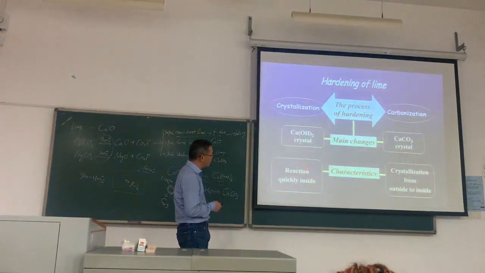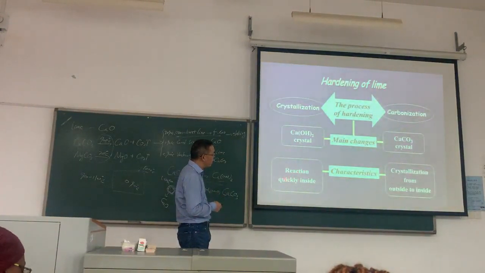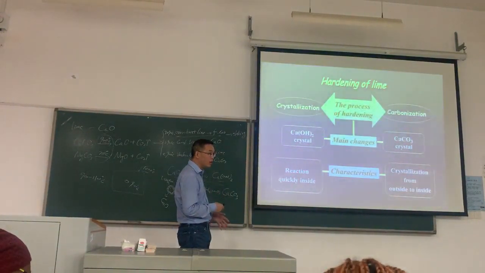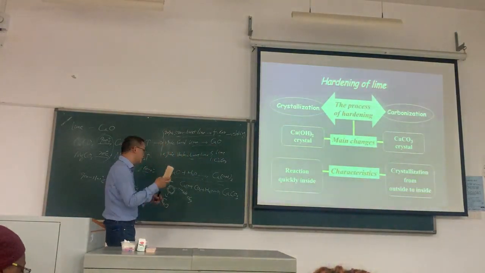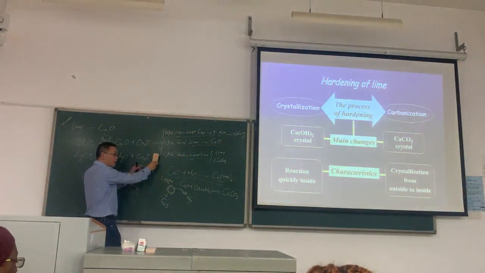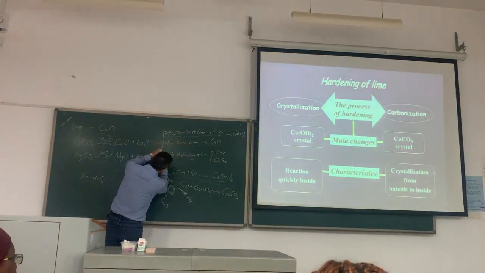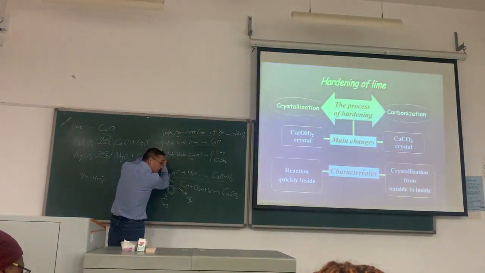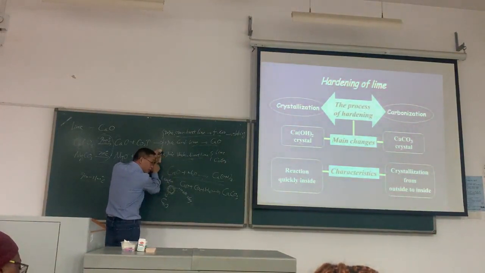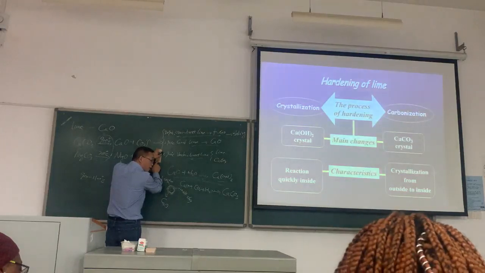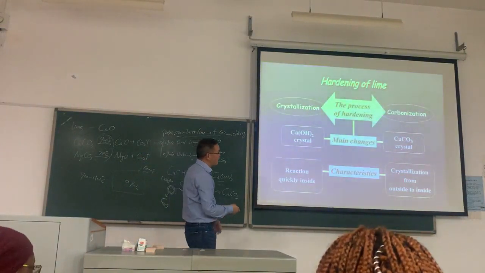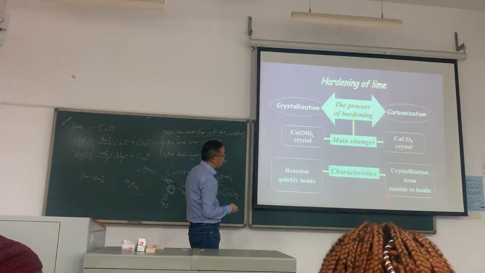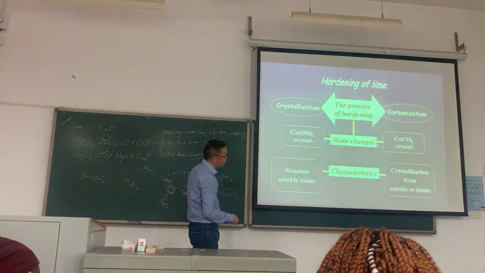For the crystallization, the reaction happens quickly inside. When we put this lime paste onto the wall, the crystallization occurs inside it. But at the surface of the lime paste, the hardening is always the carbonization. The carbonization goes from outside to inside.